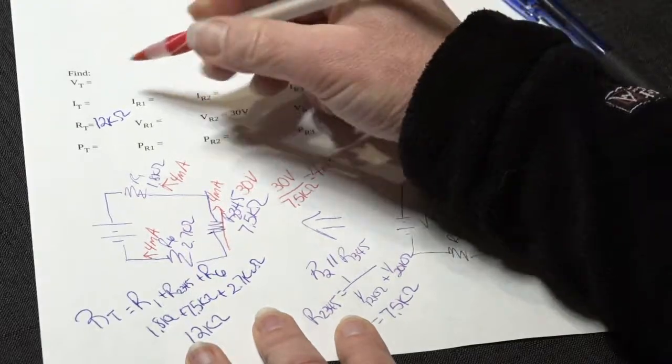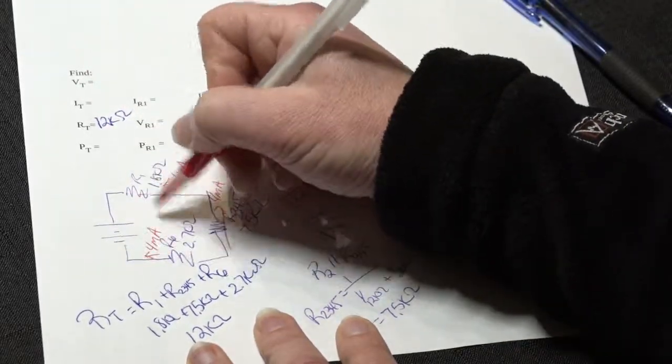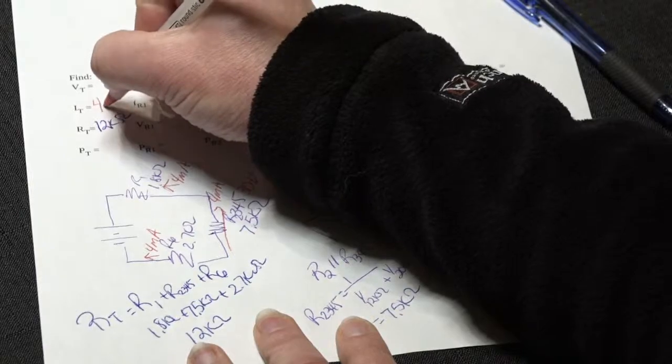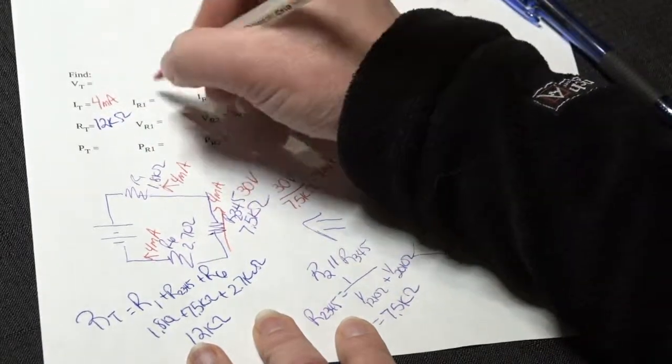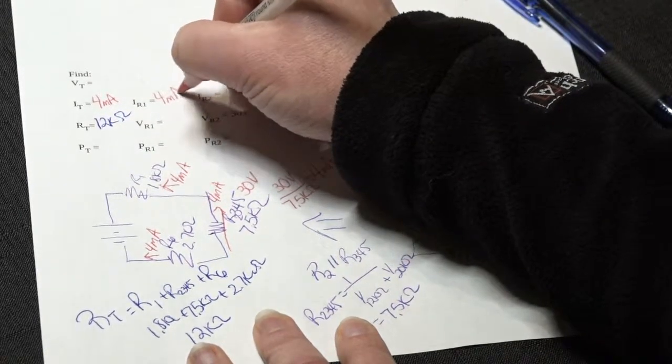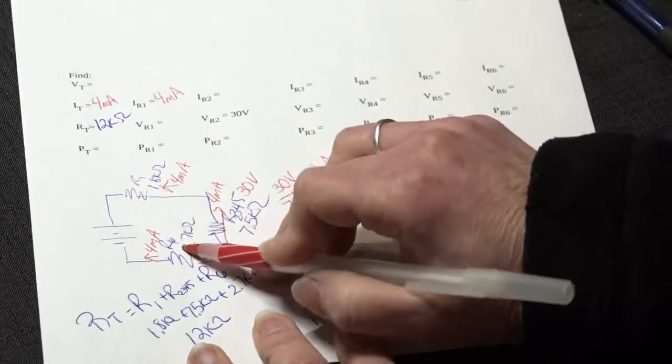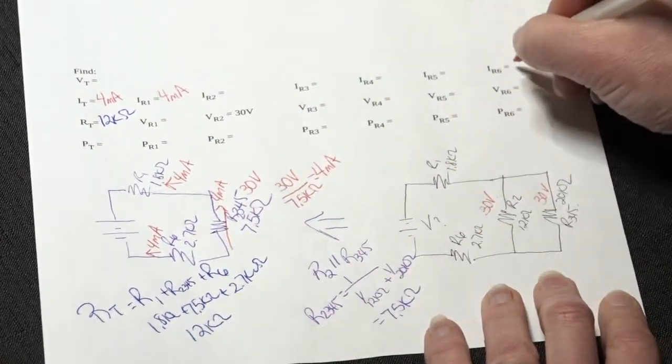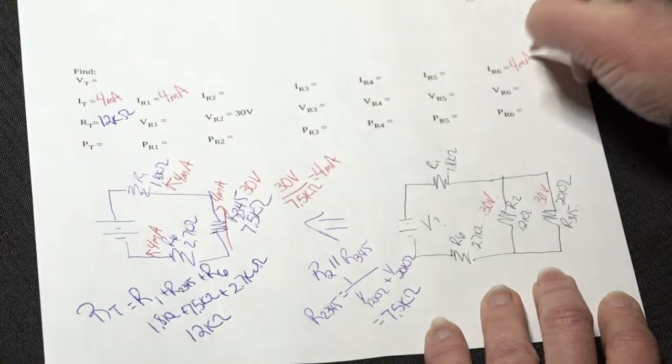So that is going to be our total current, so we've got 4 milliamps there. R1 is 4 milliamps, and since R6 is sitting here by itself, it is also 4 milliamps.